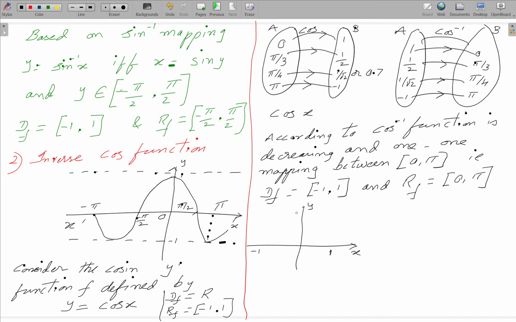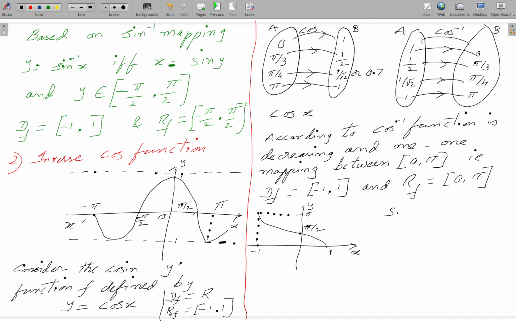The function is, this is pi, this is pi, and pi by 2. It's a decreasing and one-to-one function.